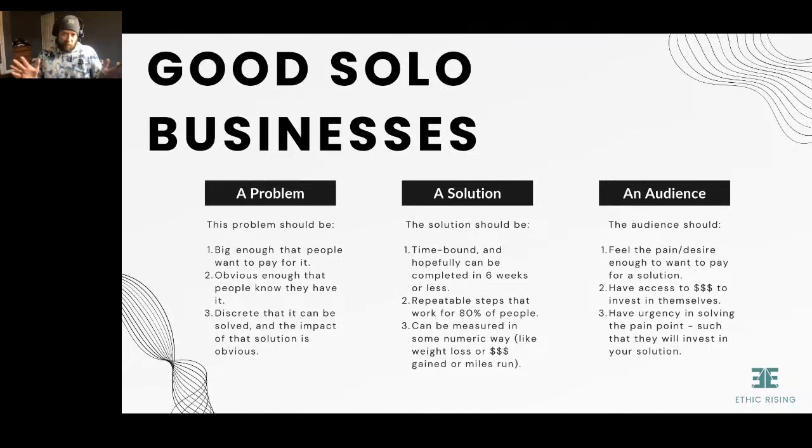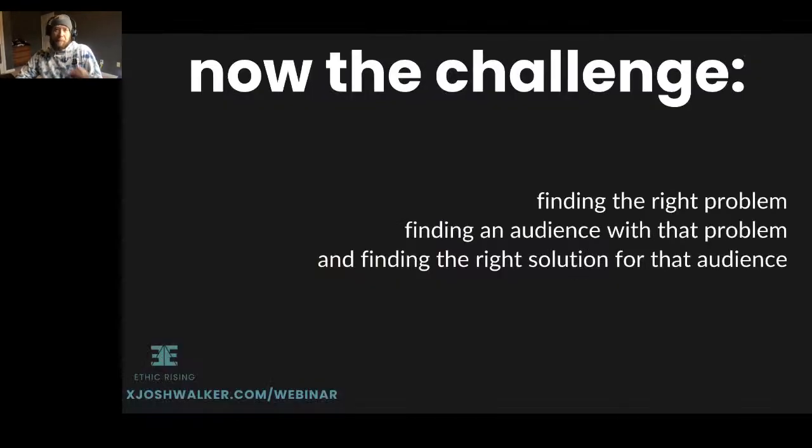And so all of that to say, good solo businesses have a clear problem, a clear time-boxed solution, and an audience willing to pay for that problem. And all of this is important because the challenge for you, after we talked about all of those things, is finding the right problem, finding the audience with that problem, and finding the right solution for that audience.